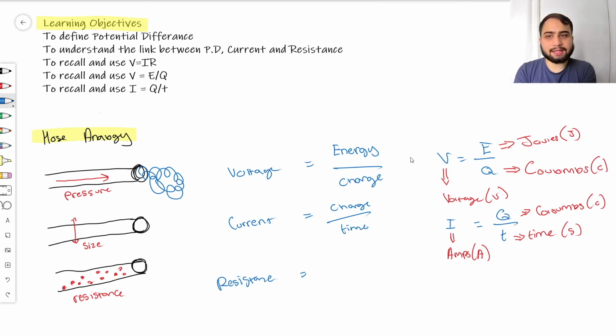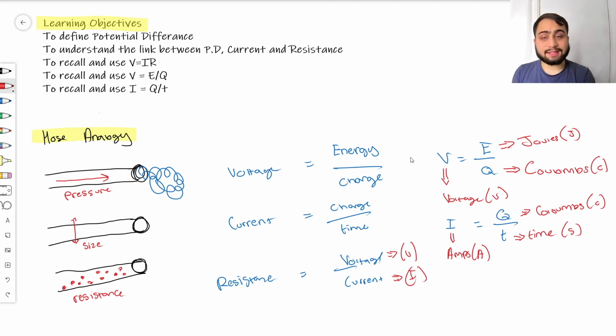Now we can really define resistance as voltage over current. Let's write it all out: voltage, current, and let's do all the symbols for this: V, I. And now resistance is actually something new.